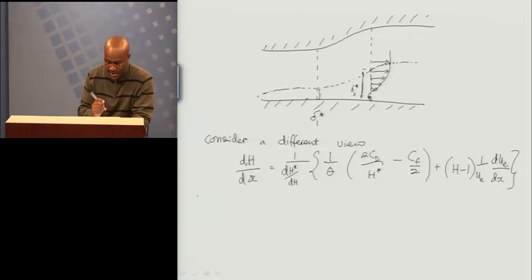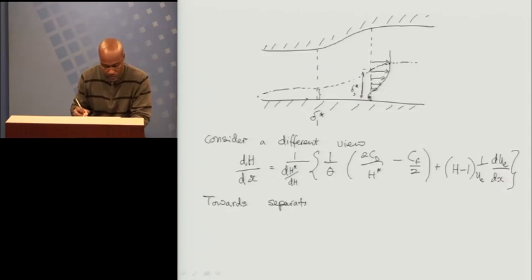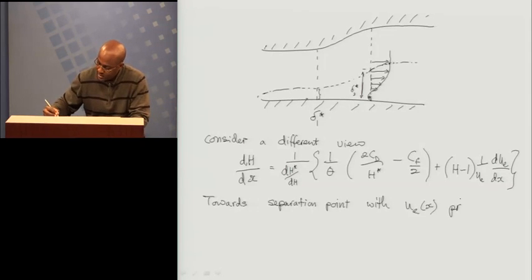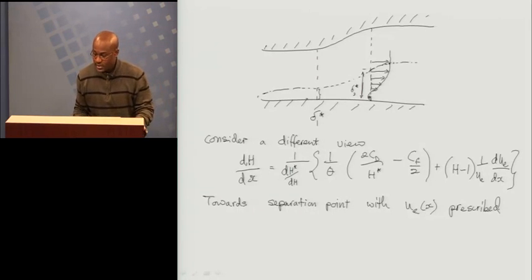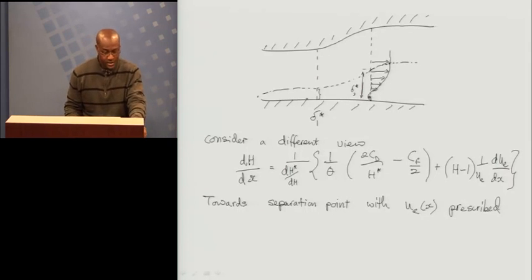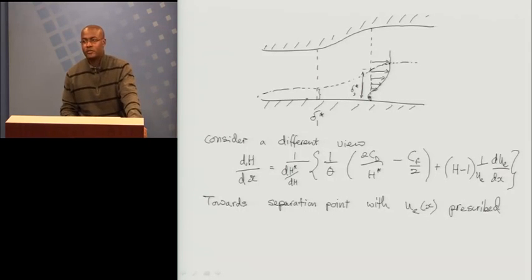All right, so let's look at what's happening as we approach the separation point, with our edge condition prescribed, so we know what the edge velocity field is. We know how H, CF, and CD star behave.